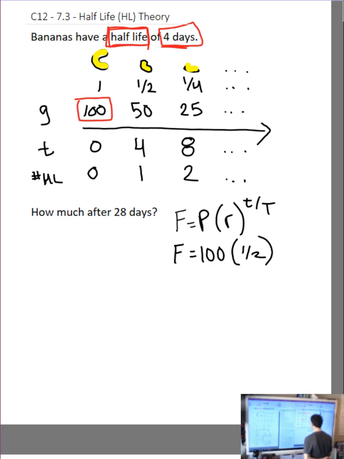Now it's giving me 28 days. That goes on the top of the fraction. That is the time that has occurred. And on the bottom of the fraction is the time it takes for the half-life to occur. Now this question I can simply just type right into my graphing calculator, and I get 0.78125 grams.